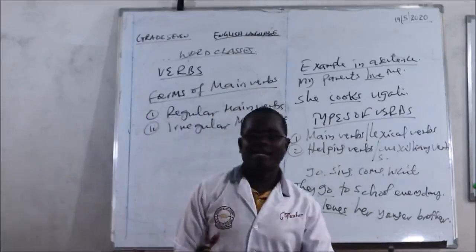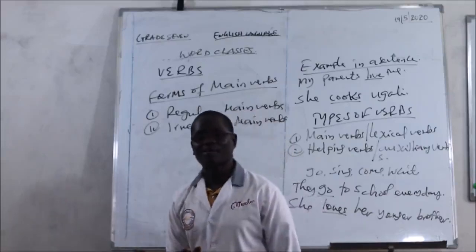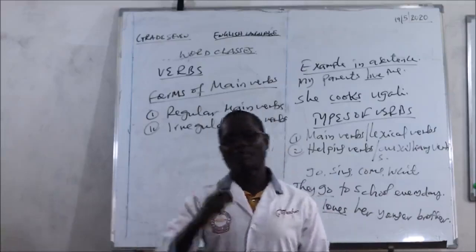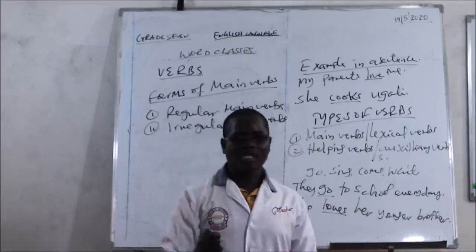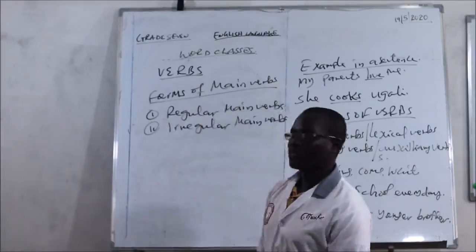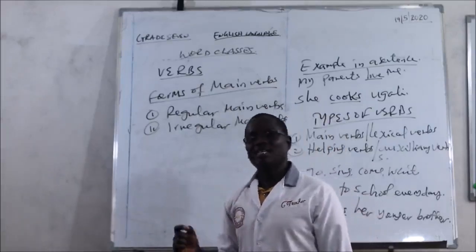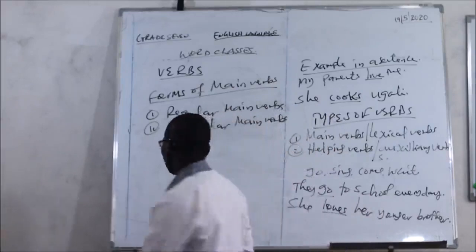We have said that the regularity or irregularity of a main verb comes as a result of the ability of a particular verb to accept addition of universal past tense marker. Universal past tense marker, what we have told you, are either ED or D.